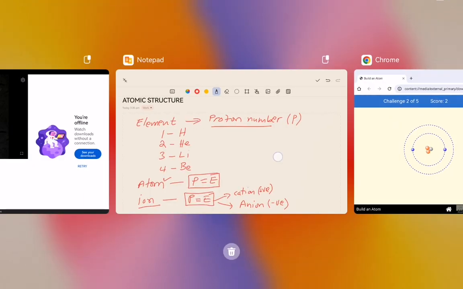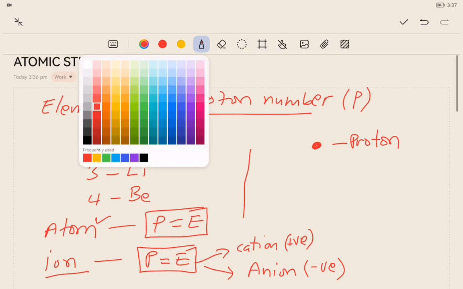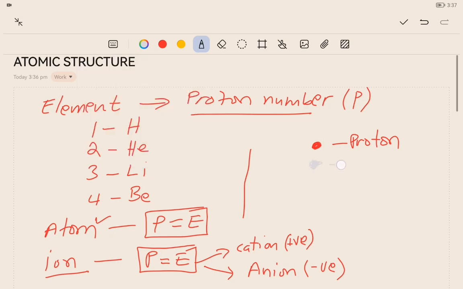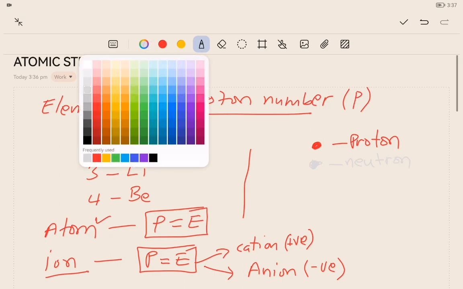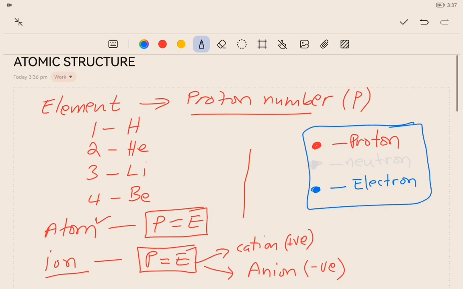The key we are using in terms of the colors: red represents a proton, gray represents a neutron, and blue represents an electron. So that is the key that we are using to answer those questions.